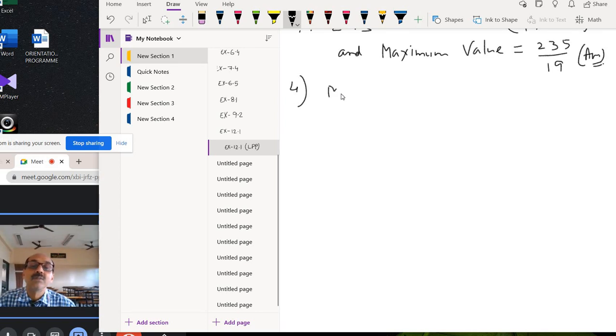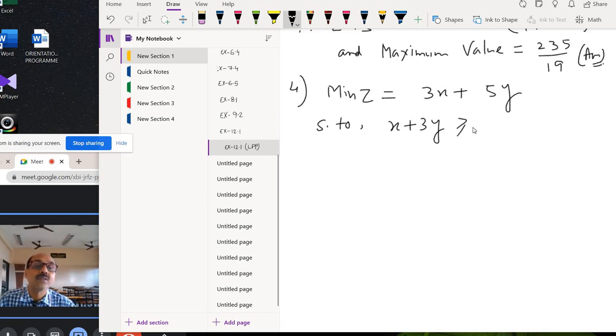Minimum Z. Minimum Z equal to 3x plus 5y subject to x plus 3y greater than equal to 3. And another equation is x plus y greater than equal to 2.